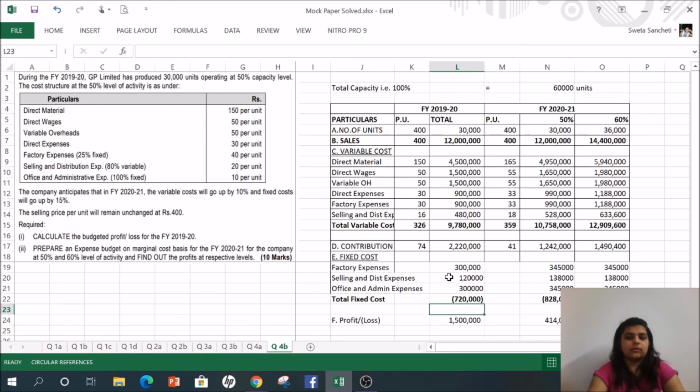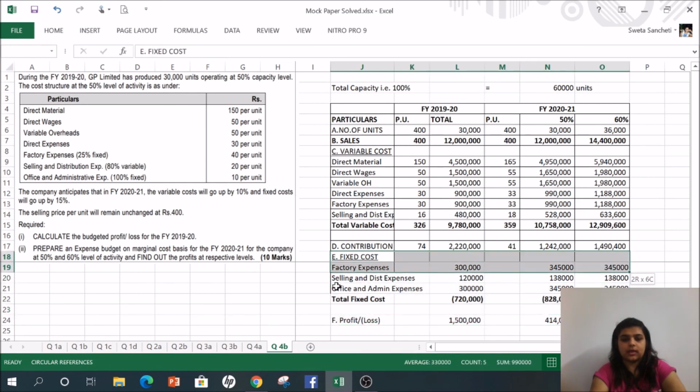Yes. So because of increase in our costs, our profit or loss reduces from 15 lakhs to 4 lakh and 6 lakh. So this is our statement of profit or loss at these levels.